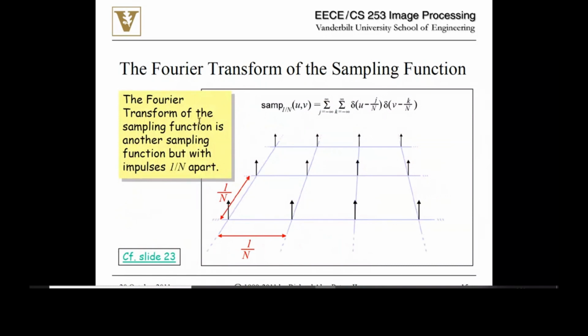And this is the spectrum of the train of deltas. Here u and v play the role of the frequency, so we have omega x and omega y, and then the spectrum has a peak or a delta with a separation of 1 over n. So that is why we get this repetition every 1 over n.